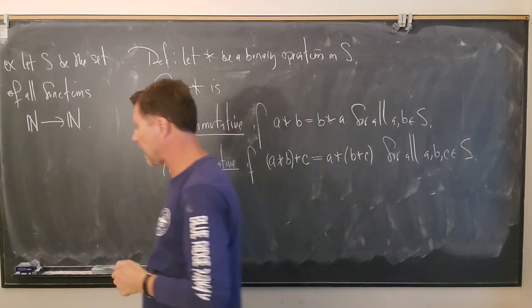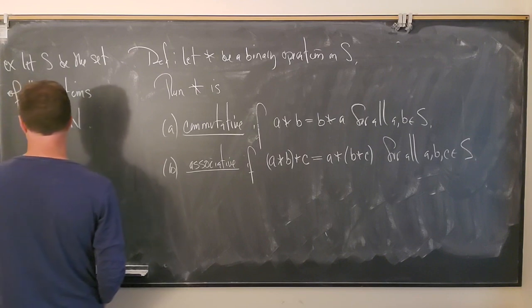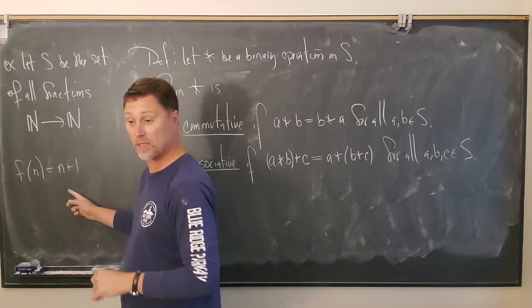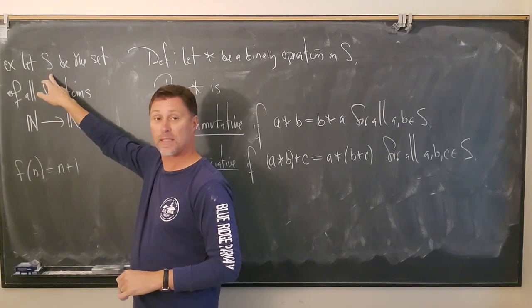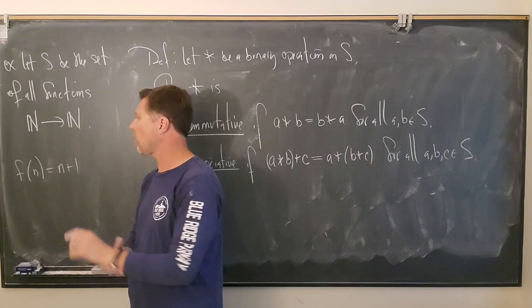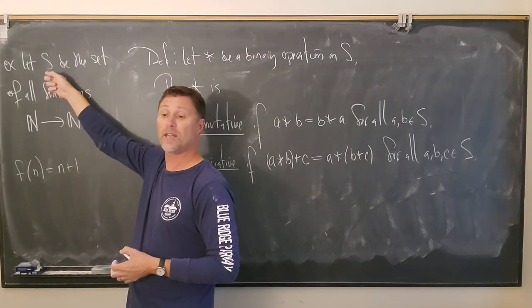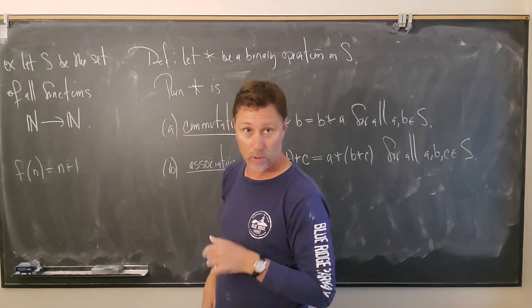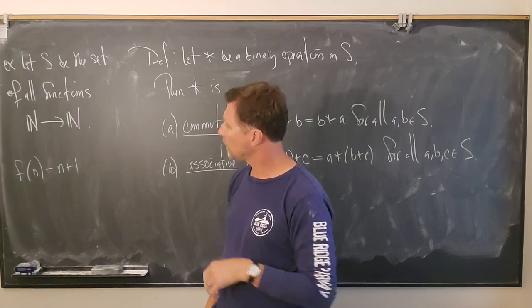For example, here's a function: the formula f of n equals n plus 1. The input is a natural number, the output is a natural number. So this function f is one element inside capital S. This is a very, very large set, an infinite set. You can think about whether it's countable or uncountable. It's a very large set, though, with lots of functions in here.